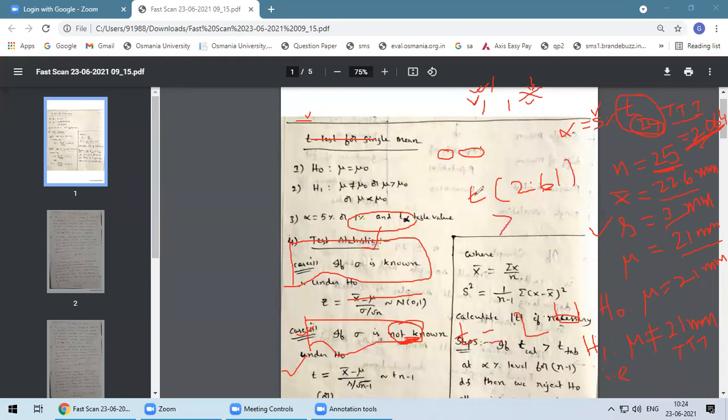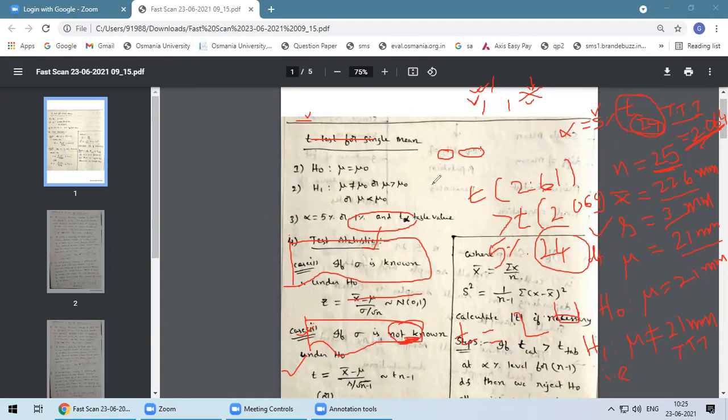So write down: the calculated value of t (2.61) is greater than the table value of t (2.064) at 5% level for two-tail test, for 24 degrees of freedom.